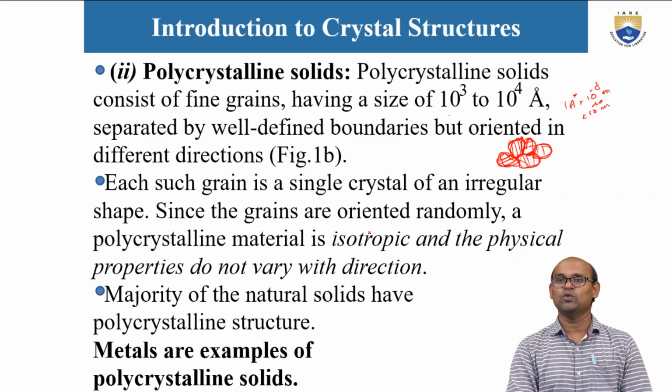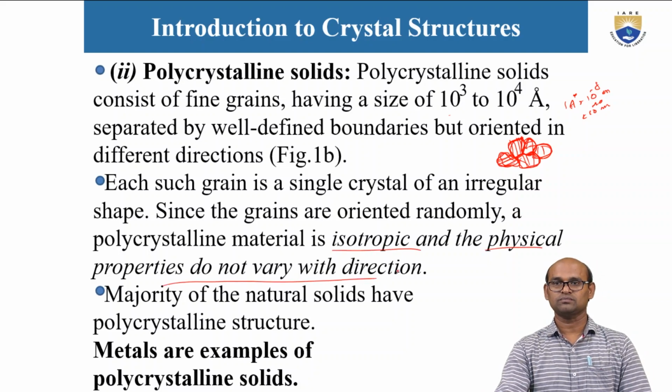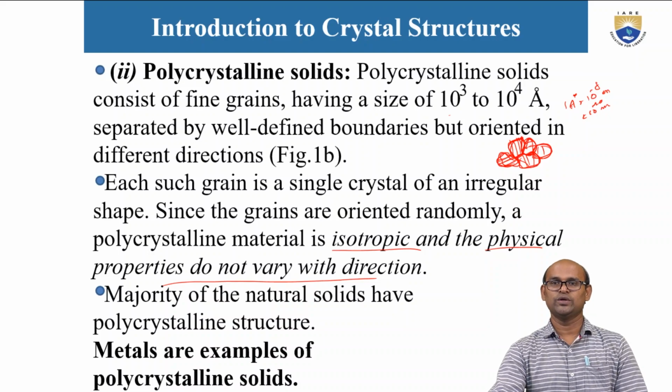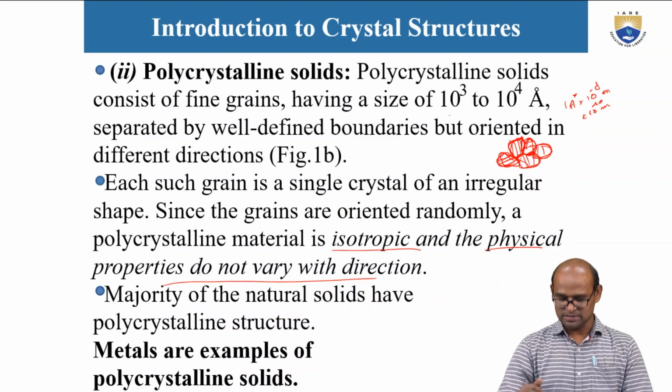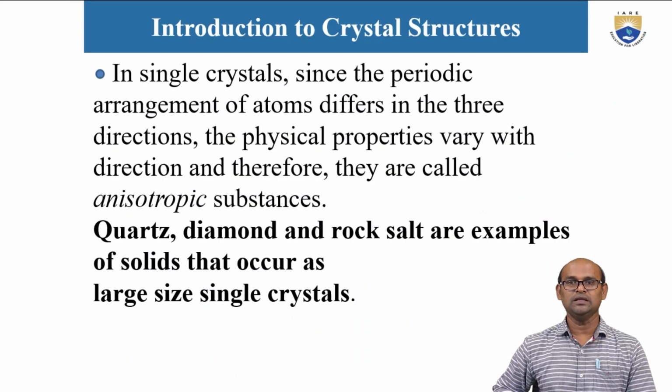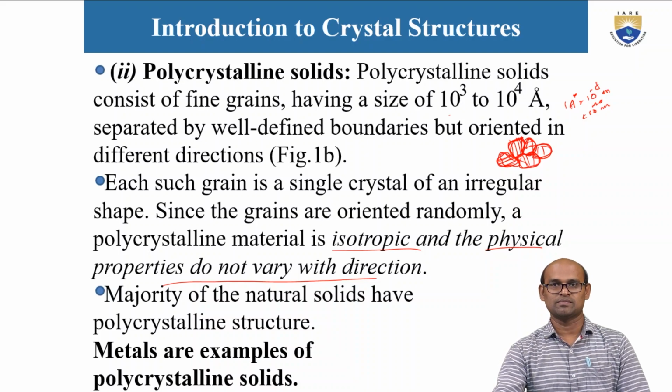Since the grains are oriented randomly, a polycrystalline material is isotropic and the physical properties do not vary with the direction. In a single crystal, we know that there is anisotropy. So that is why single crystals are called anisotropic substances.